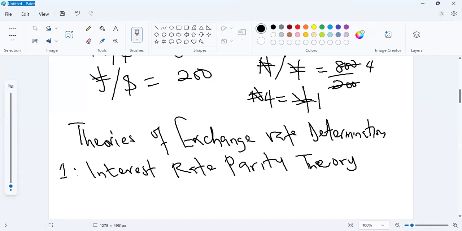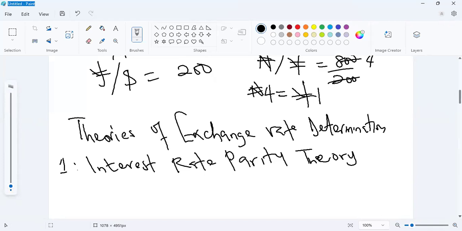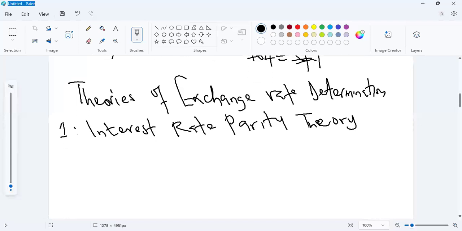We can calculate the forward rate with the equation. Look at this, please.